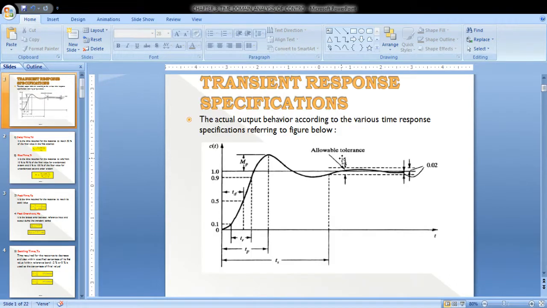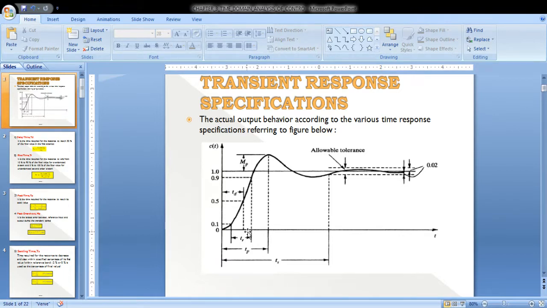Now let us understand this definition with the help of the diagram. Here you can see our desired output is the transient response for a unit step. Input starts at 0 seconds and the response gradually increases. Whenever it reaches 0.5, meaning 50% of its final value, the time taken from 0 seconds to that point is known as the delay time.